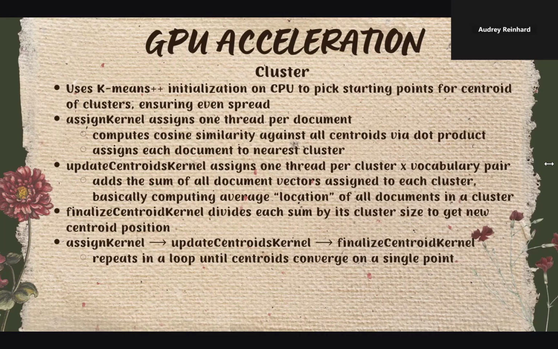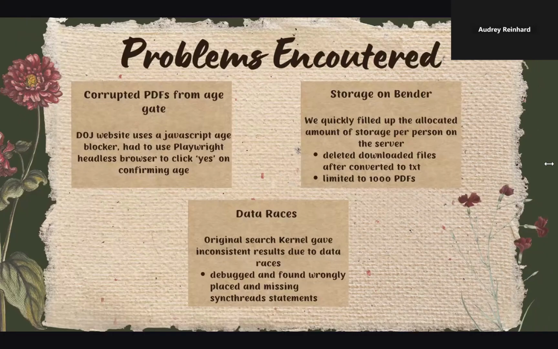It adds the sum of all of the document vectors assigned to each cluster, basically computing the average location of all of the documents in a cluster. The finalize centroid kernel then divides each sum by its cluster size to get a new centroid position. This is done in a loop until all of the centroids converge, with a maximum of 100 iterations.